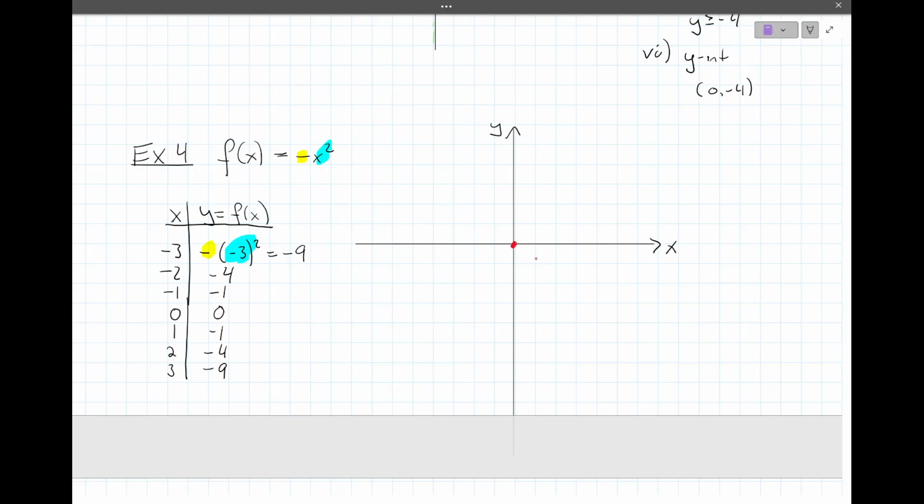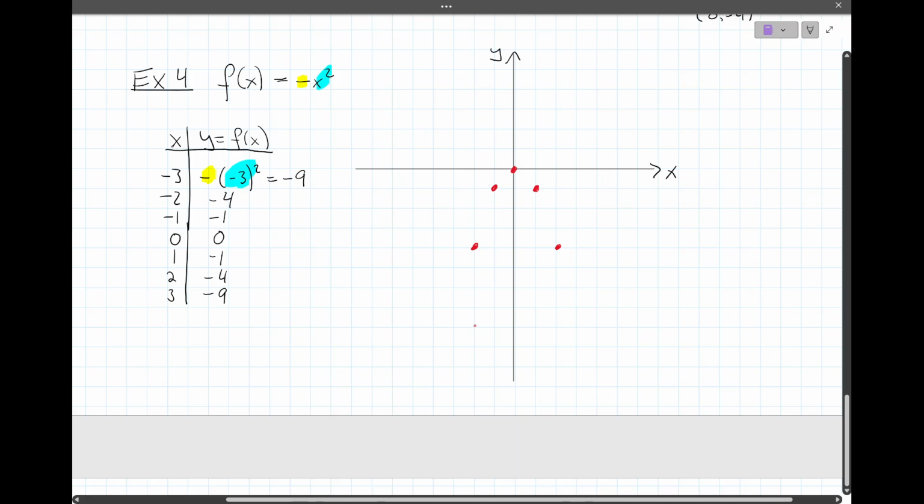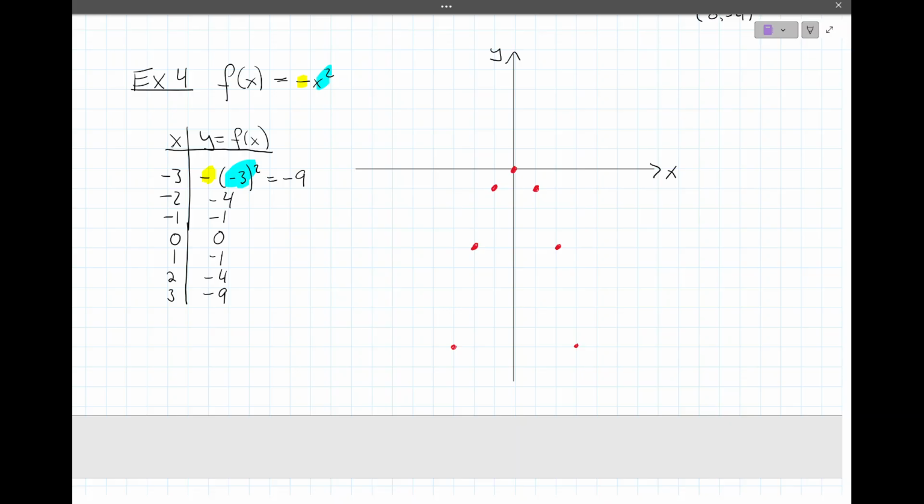That's okay. But now I have 1 and negative 1 instead of 1 and 1. And I have negative 1 over here. And we can already see that this is starting to take shape. And instead of going upwards, this is now going to point downwards, right?